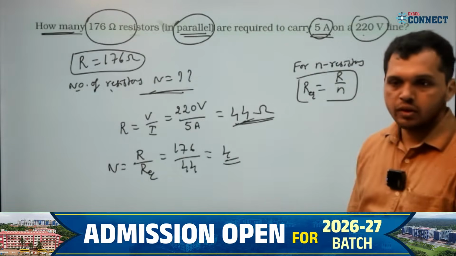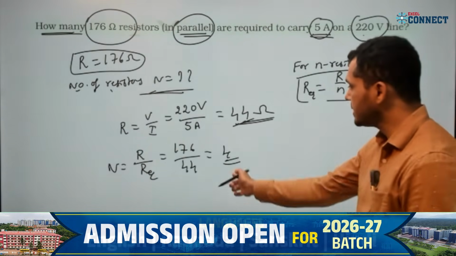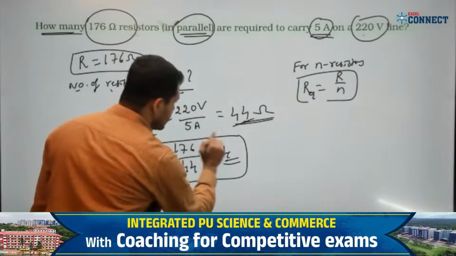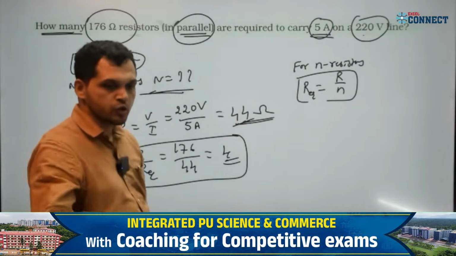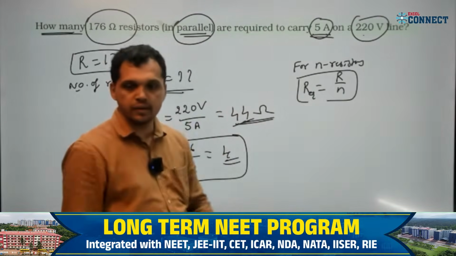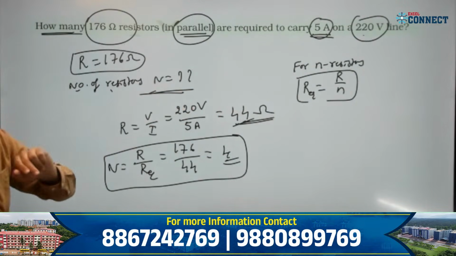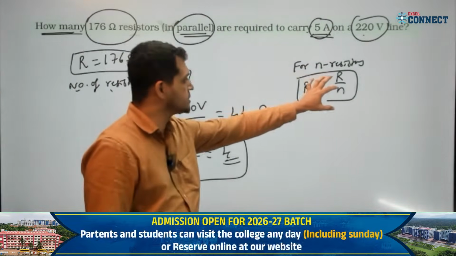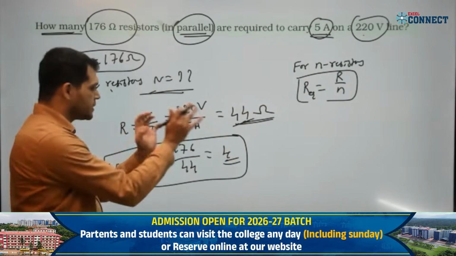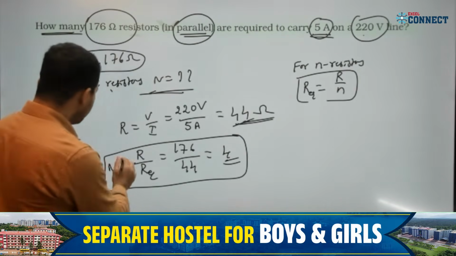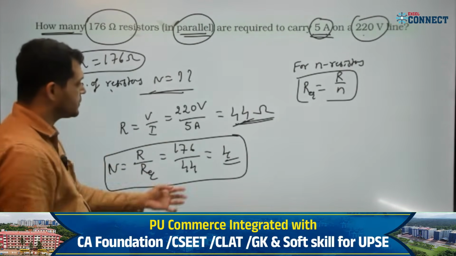Equivalent is 44. Correct? This is the reverse way I can simplify in short. To solve this question in short, we need this last equation. That is a shortcut equation. At the end I have given. Using this shortcut equation, you can easily get the number of resistors. Is it clear? Very easily, quickly we can solve this.